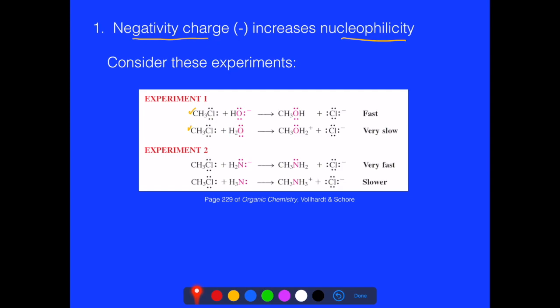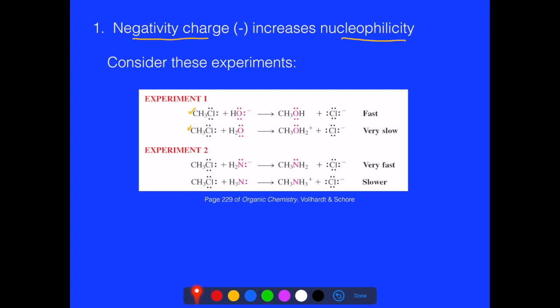We allow that to go and look at how fast it occurs, perhaps by precipitation of chlorine, as we did in the lab, or some other measurement. What we find is that the charged oxygen is very fast, and the uncharged one is very slow. Notice that we haven't really changed very much.